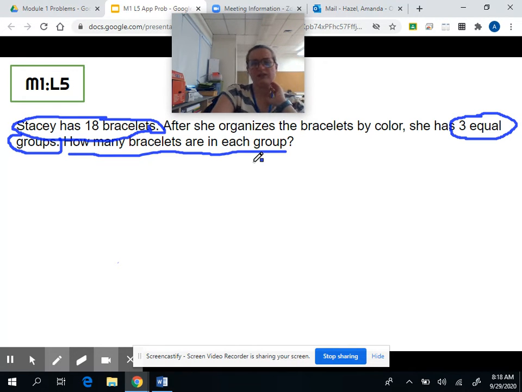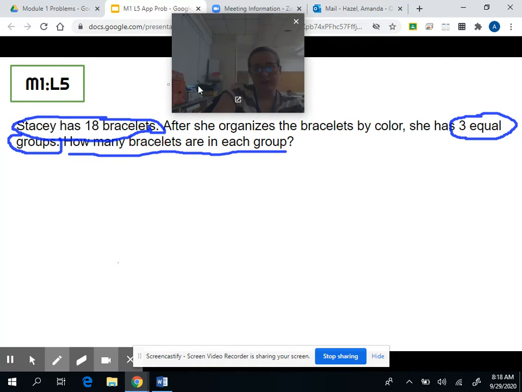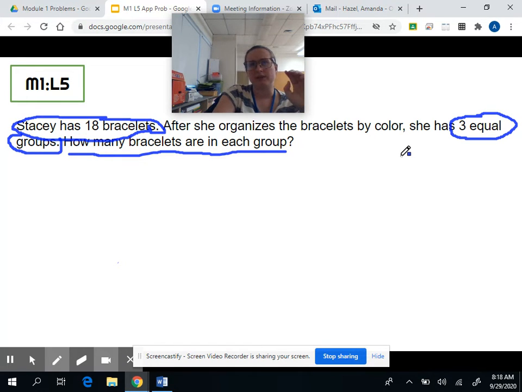So the key is that she starts with 18, and then she has 3 equal groups. So we go from a larger number, and then she separates them into a smaller amount. Separating is another way to say she split them into 3 equal groups. She split them into groups by color. So we are going to divide.